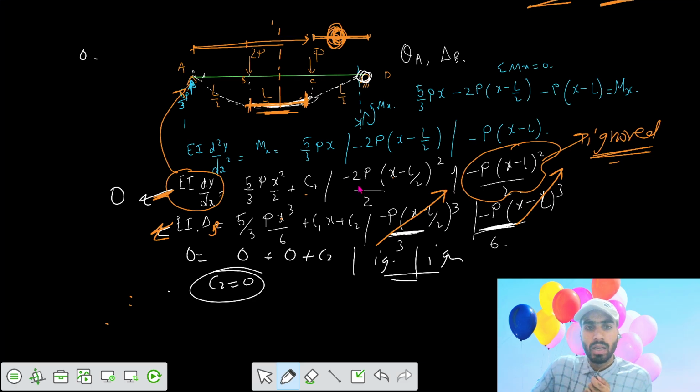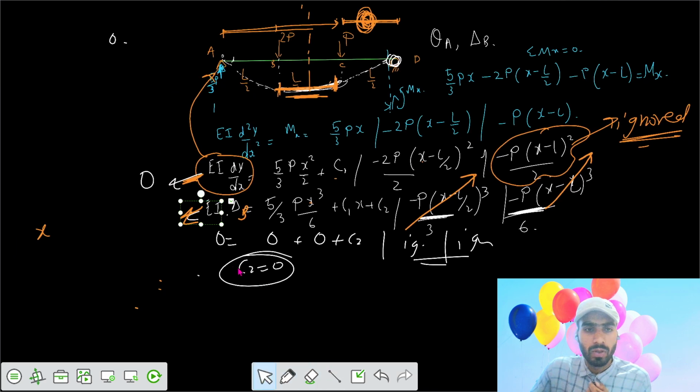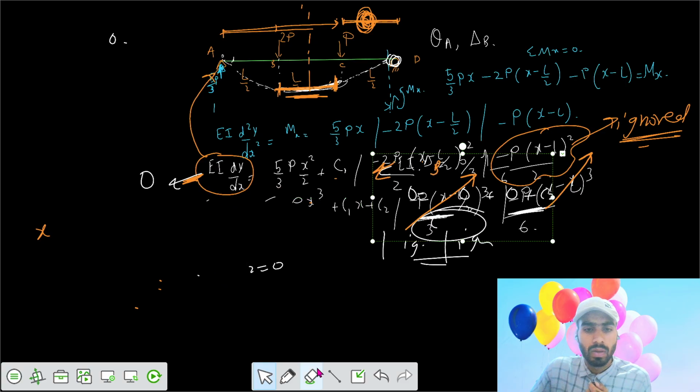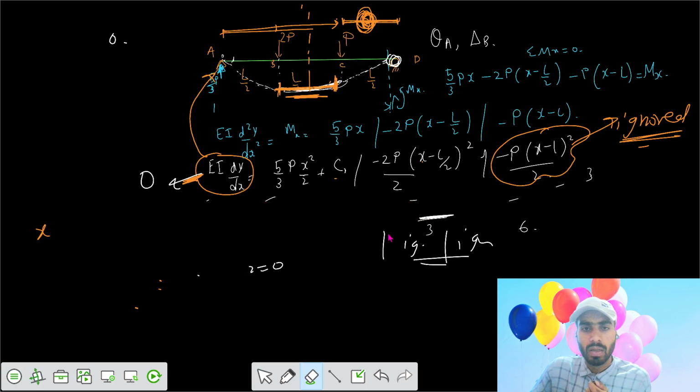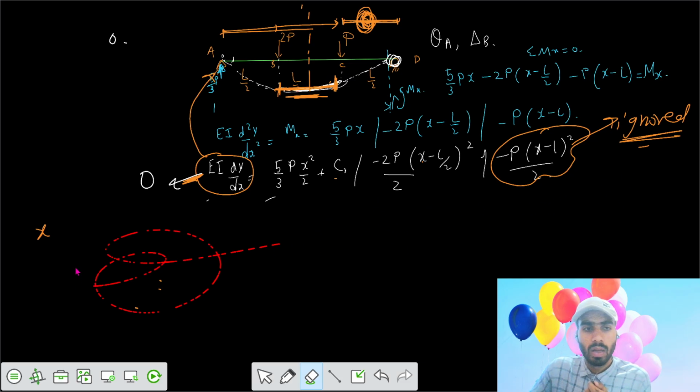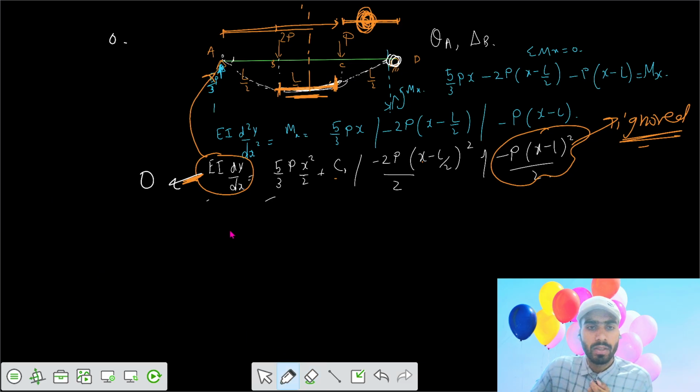If you ignore this part, then you get the equation of x square. We are removing this part. So if theta is 0 at any x, we can write 5 by 3 P x square by 2.